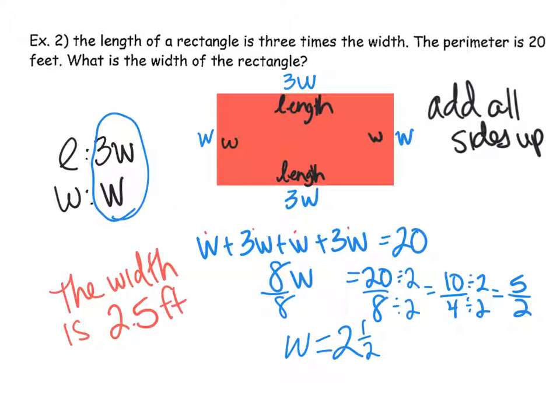Feet. The width is 2.5 feet. I did my answer in red. You should be able to, in your head, interchange 2.5 decimal to 2.5 fraction. This needs to be something that you can do in your head at this point in your math career.